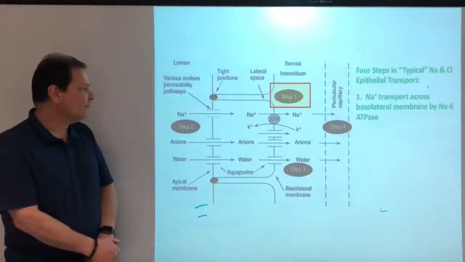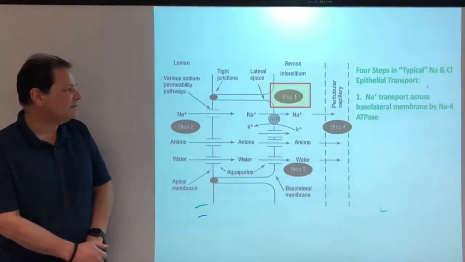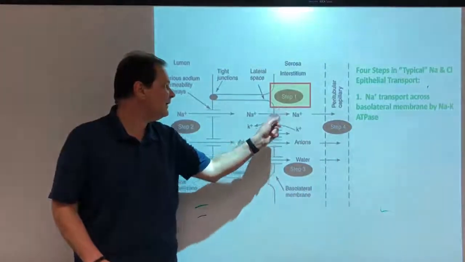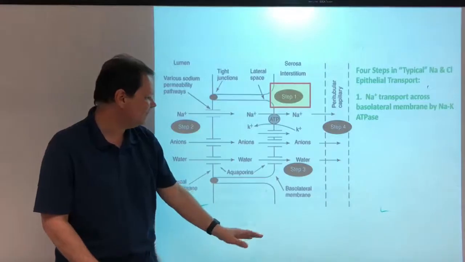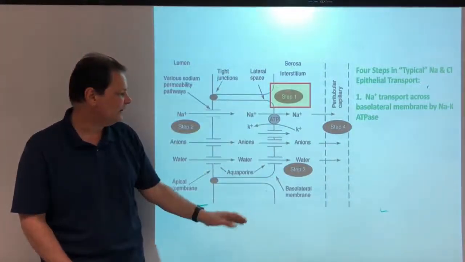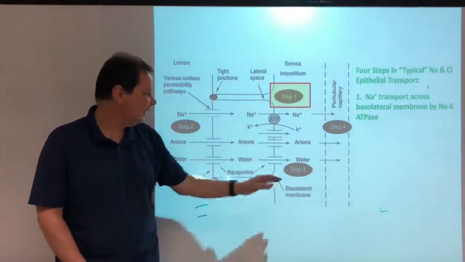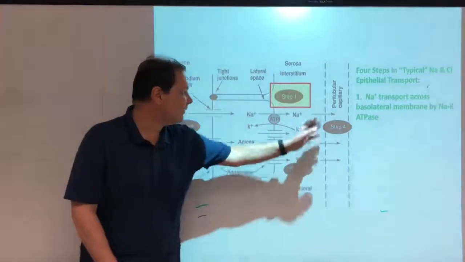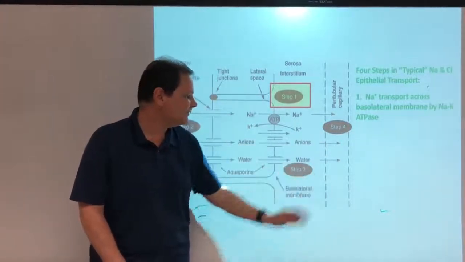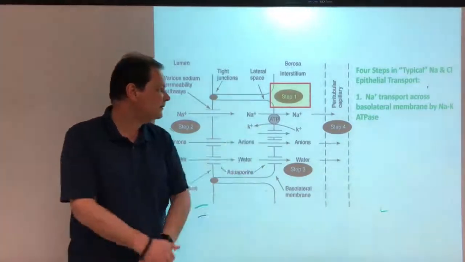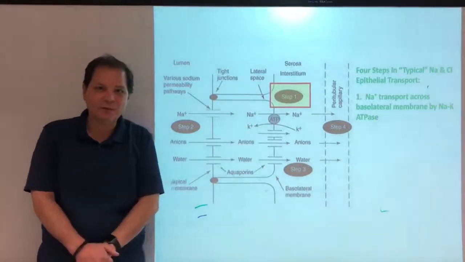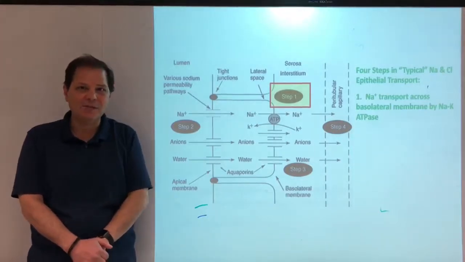So everything really starts and is driven by the sodium-potassium ATPase in the basolateral membrane. This is the basolateral membrane. Most of my transport figures look just like this. And you'll know that because it faces the interstitium. Step 1 is the sodium-potassium ATPase transport in the basolateral membrane.